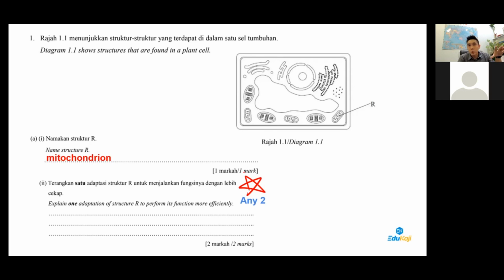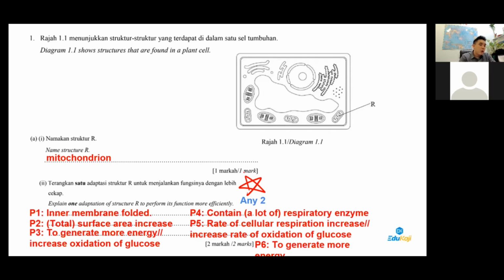I would suggest you remember 2 or 3, guys, for exam purposes. Normally we say inner membrane is folded to increase surface area in order to generate more energy. Guys, normally this is the case, okay?